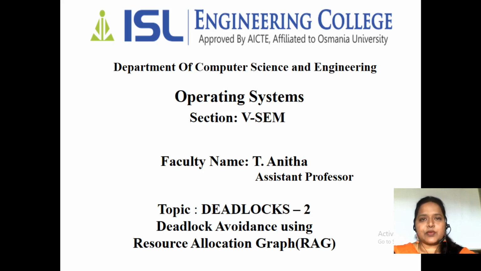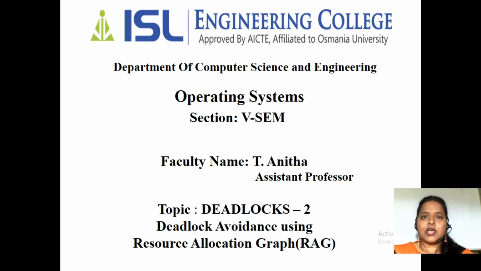In the last class we have seen deadlock prevention. Prevention means we are not at all allowing a deadlock to enter into the system. So we are taking preventive measures from the starting itself. If a deadlock is to occur, four necessary conditions should be there. What are the four necessary conditions?